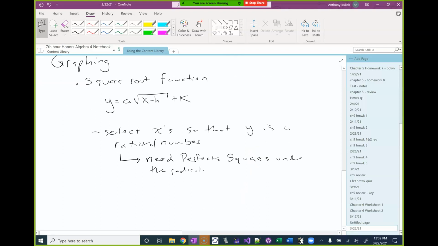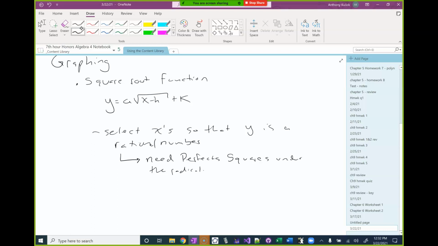So what's an example of a perfect square? 36. 36 is an example of a perfect square. Great. Are there infinitely many perfect squares? Sure, right? Because you can just keep picking another number and squaring it. Is there a biggest perfect square?